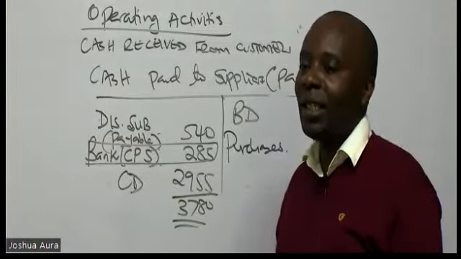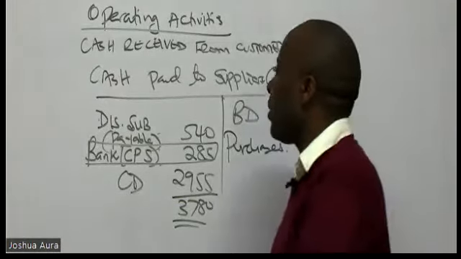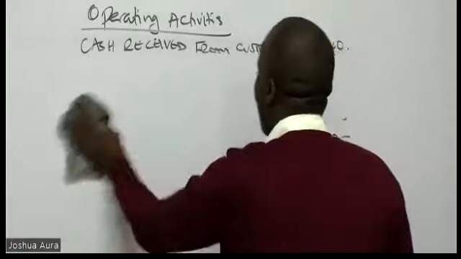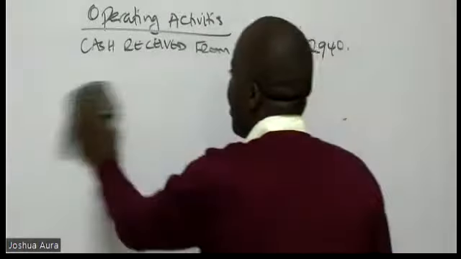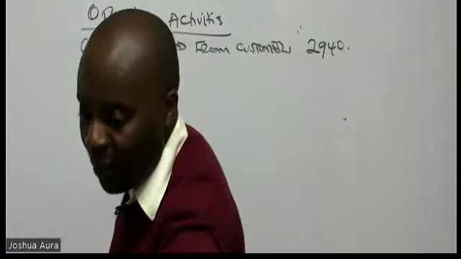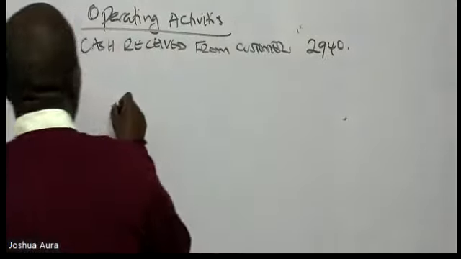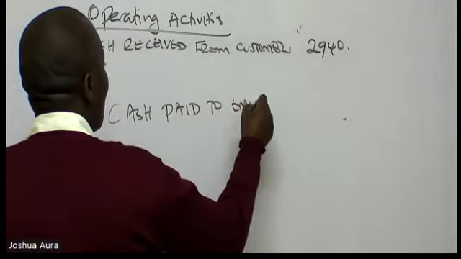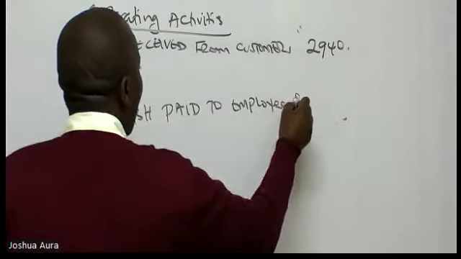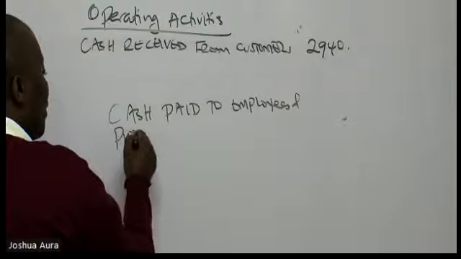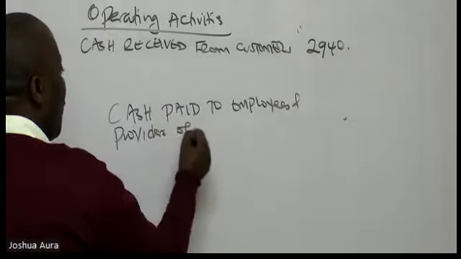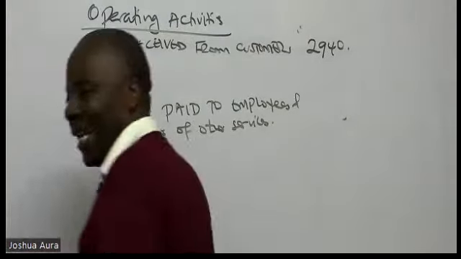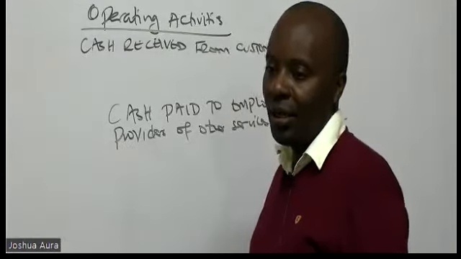Now then we have the last thing that we need to do, ladies and gentlemen, and this one you don't have to open any account. What you need to do is simply come here and give me some title about cash paid to employees and providers of other services, and of course facilities, things like rent, etc. Right?